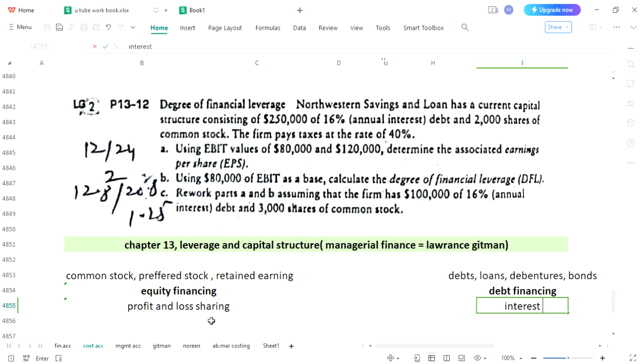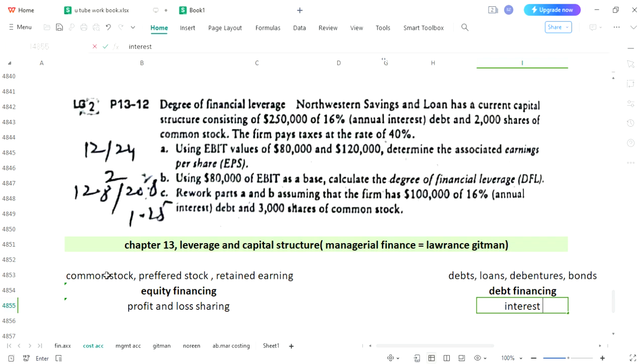In case of profit, your investment as a shareholder can be doubled within a very short period of time, but in debt you will receive a fixed amount of interest that would not be altered. Let's say 10% has been decided; in the whole year you will not be able to receive more than 10%. So it would be a fixed amount.